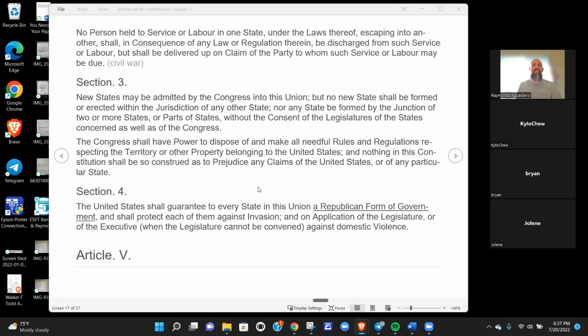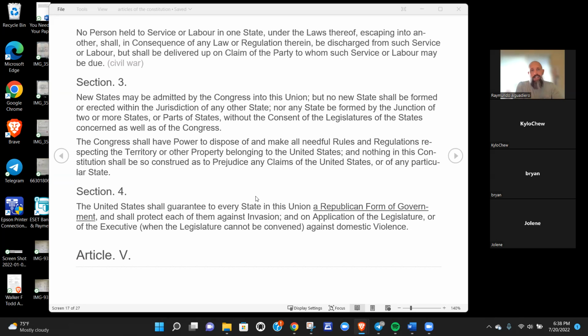No person held to service or labor in one state under the laws thereof, escaping into another, shall, in consequence of any law or regulation therein, be discharged from such service or labor, but shall be delivered up on claim of the party to whom such service or labor may be due. So this is the Fugitive Act. I know it's not an act, but this addresses that if somebody commits a crime in one state, they cannot get refuge in another state. They can be brought back to that state.